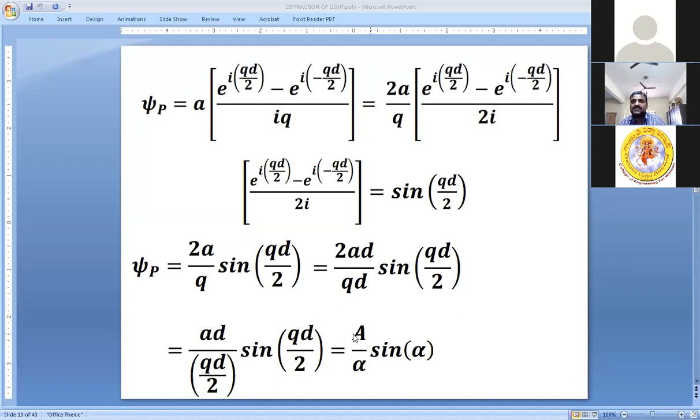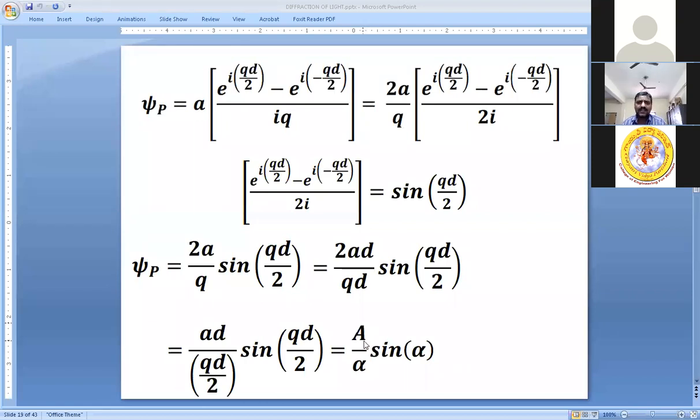From now onwards, this capital A will be the total amplitude received on the slit. Please remember, capital A represents the total amplitude received on the single slit. That is what capital A is. And small a is the amplitude of received light per unit width of the slit. Per unit width is small a, and on the entire slit, how much amplitude is received, that is capital A, right?